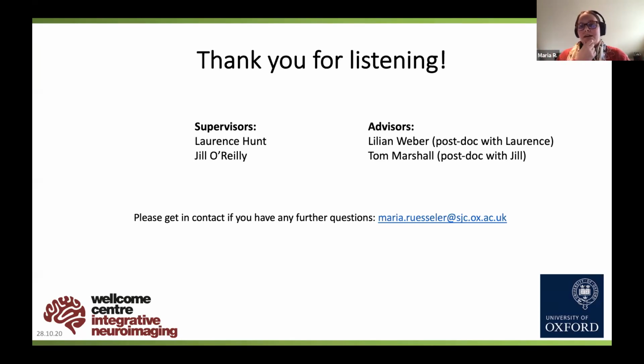But we are now also looking into more of a Bayesian model, which Lillian Weber, a postdoc with Lawrence, will do now, where we will look further at how each jump directly influences the evidence integration signal and how much the variance of the noise influences how you integrate that evidence.